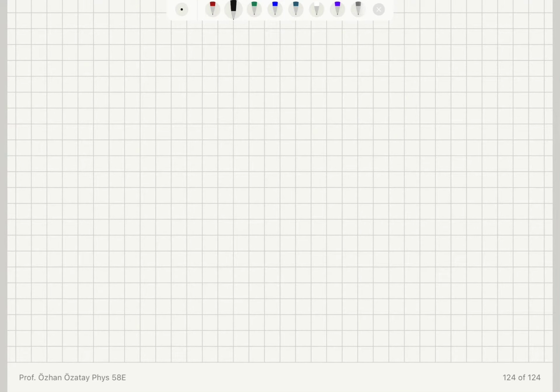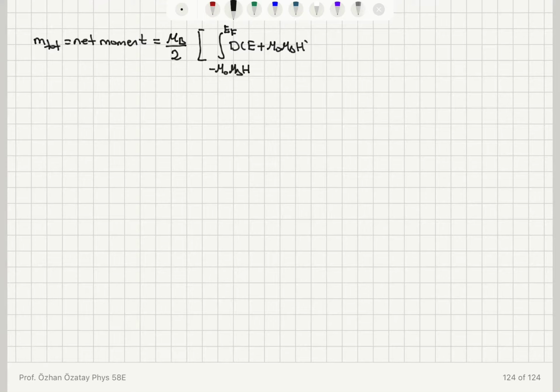If I call M total the net moment due to these conduction electrons, it will be equal to, because each spin gives me a Bohr magneton, and then I have the 1/2 factor here, the integral, first I should consider the down spins, up moments, from minus mu 0 mu B H to E Fermi, density of states E plus mu 0 mu B H dE.